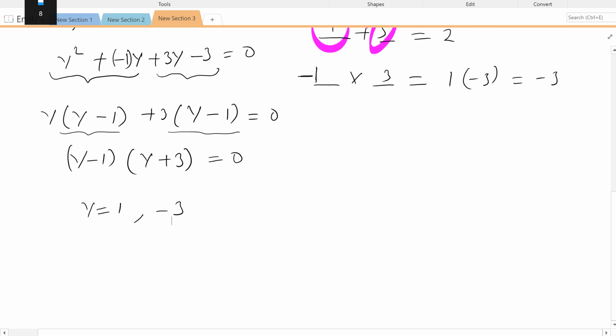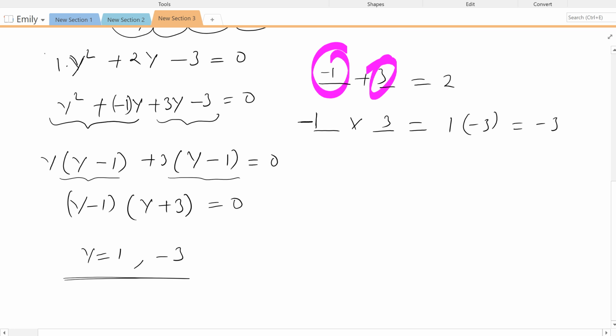If you substitute y equals 1 in that equation, it turns equal to the right hand side, which is 0. And if y is negative 3, it also turns into 0. So those are the answers, but it's not the final answer. It's just the answer of the equation that we were solving.